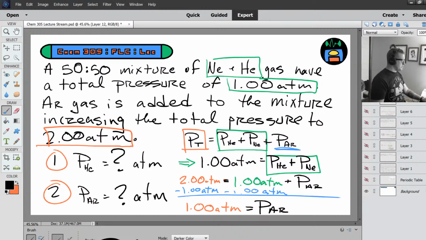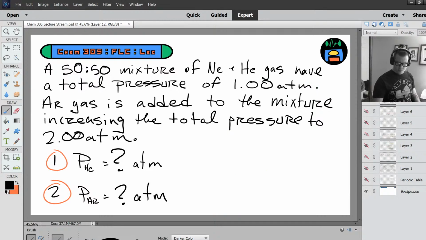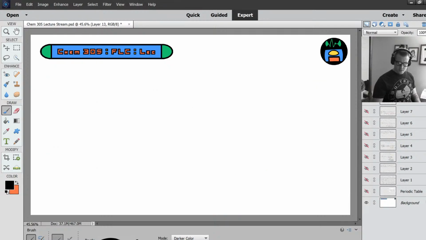Okay, let's take a look. Here we go. So this is another one of those longer format problems, and this is based in chapter 7.